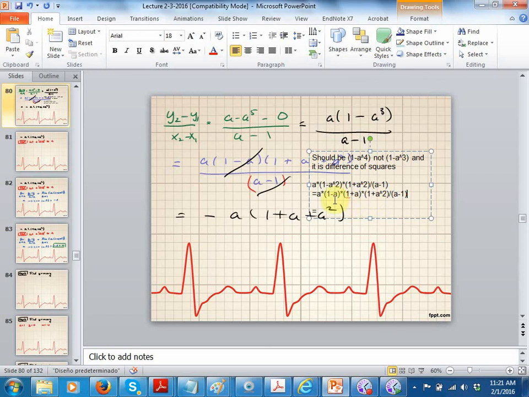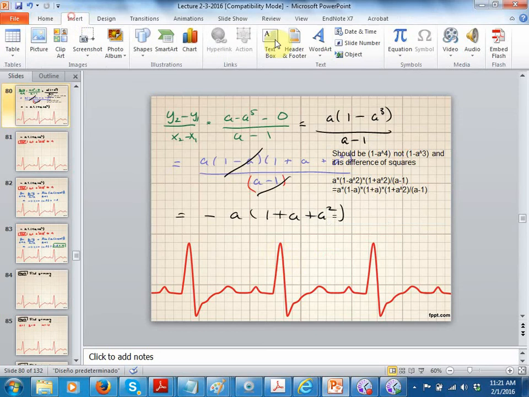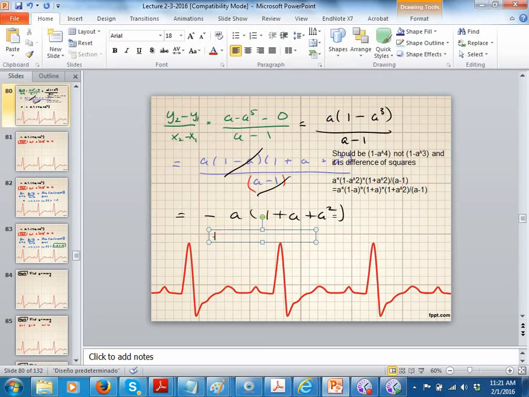And now the a minus 1s cancel, and I'm left with, let me scoot this over, the correct answer: minus a times 1 plus a times 1 plus a squared.